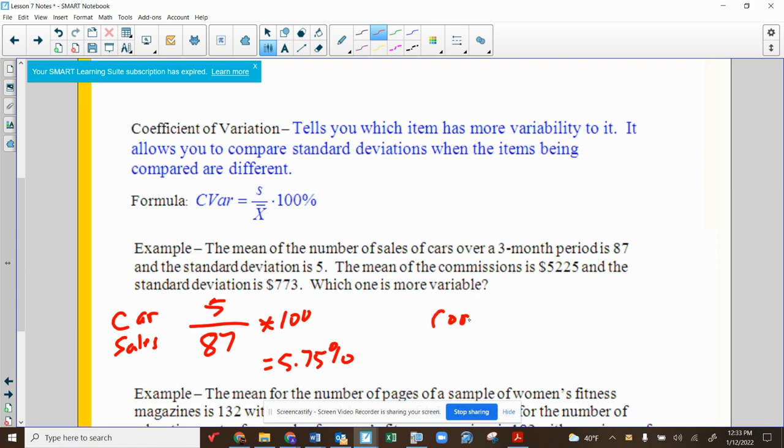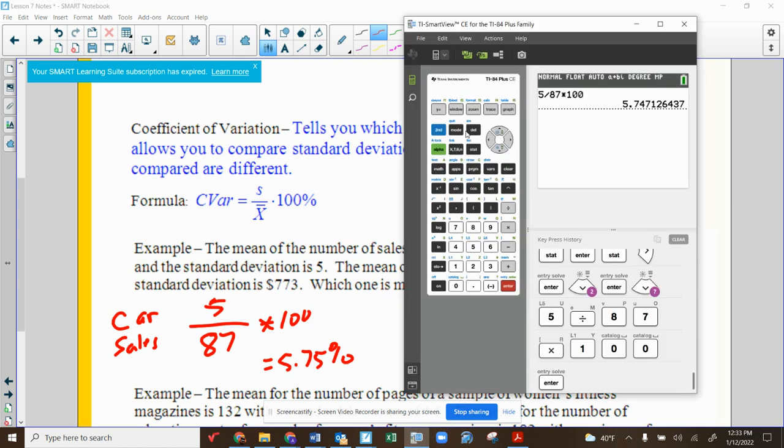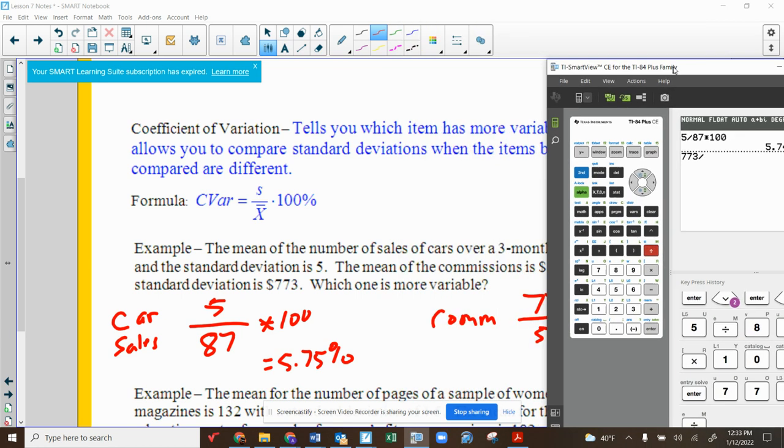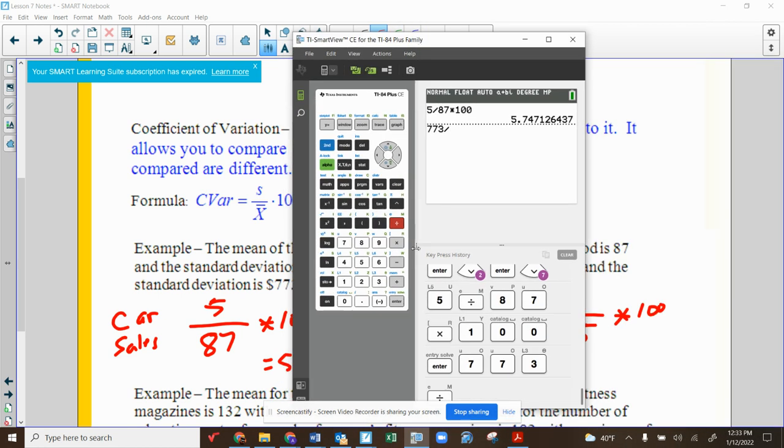And then the commission would be 773 divided by 5,225 times 100. I forgot the number, 5,225. You get 14.79%.